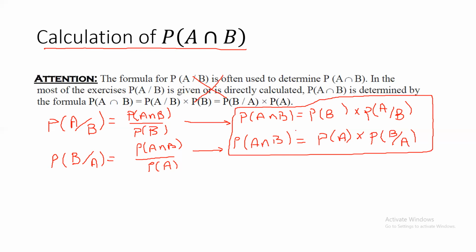Maybe somebody will ask which one to use. Both of them are correct, but in solving the exercise we can use one of them. How to know which one to use? You look at which one occurs before the other. Here B occurs, then A occurs. Here A happens first, then B happens second.